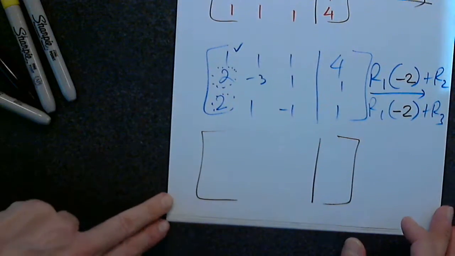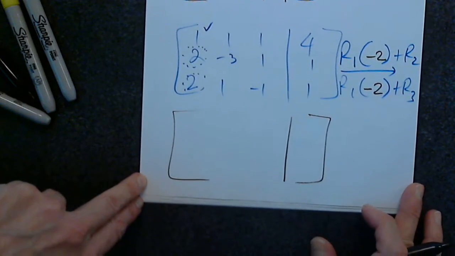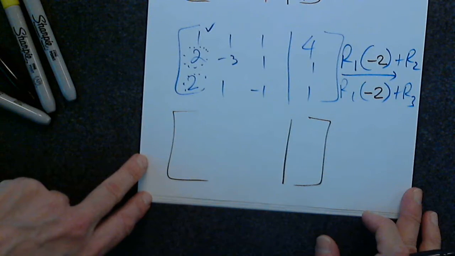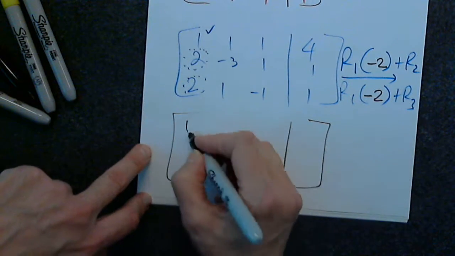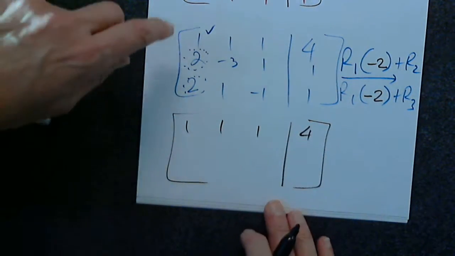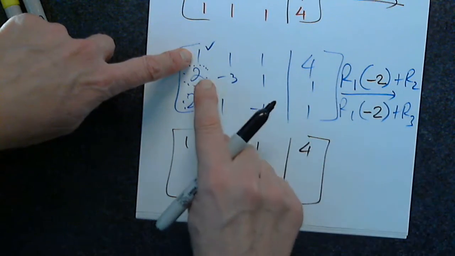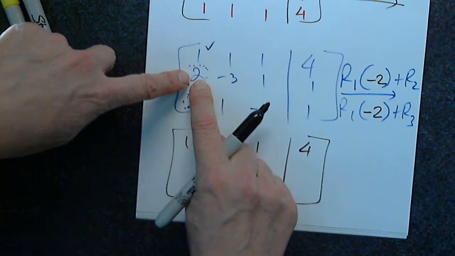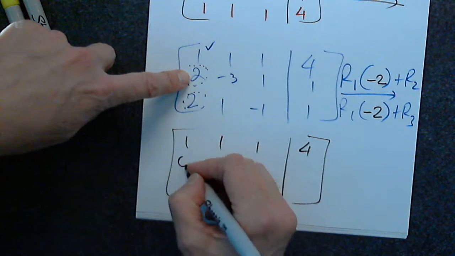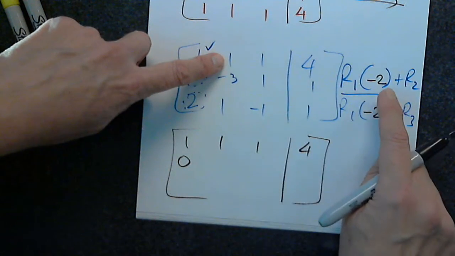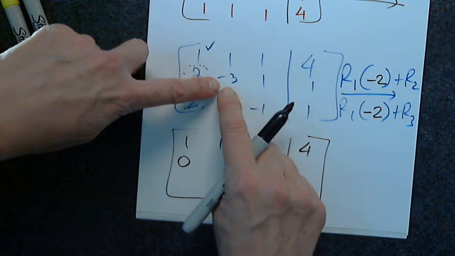If I'm using it, it cannot at the same time change. Row 1, indeed. Very good. So 1 times negative 2 plus 2. 1 times negative 2 minus 3.